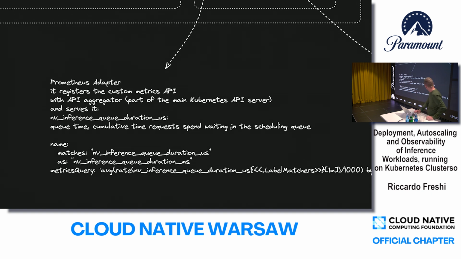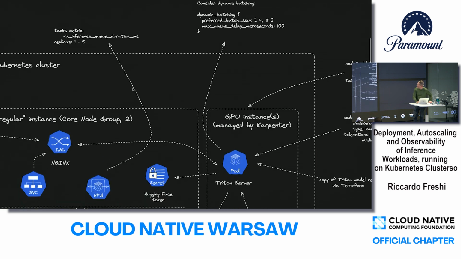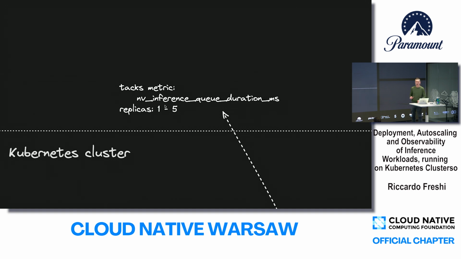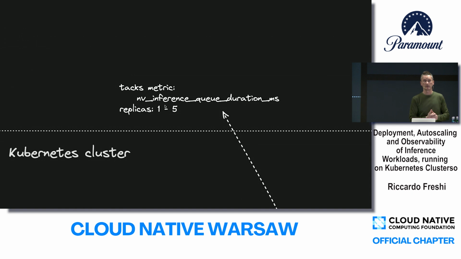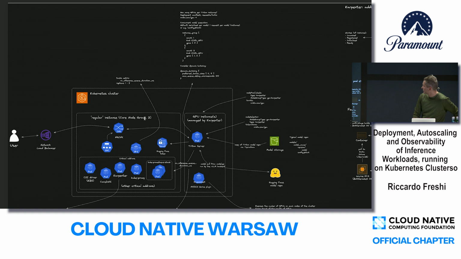Not much of a change, but it is reflected into the horizontal pod autoscaler, which is looking at these metrics and deciding how many replicas it needs to run. If you look at the repo, you will see that the replicas are set between 1 and 5. Of course, that can be changed and tailored to your needs.